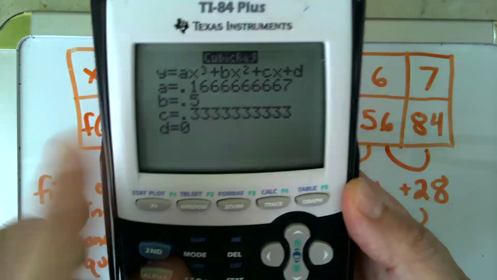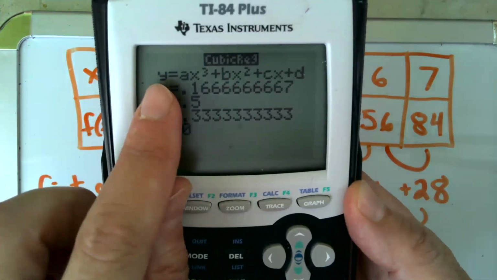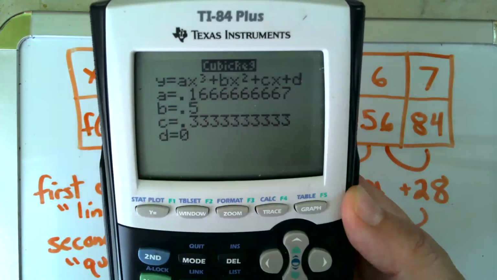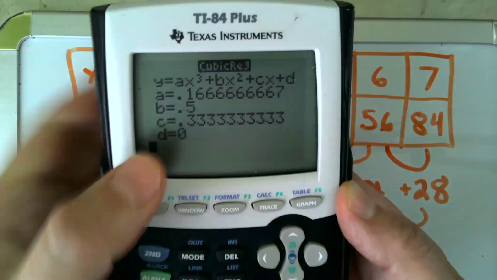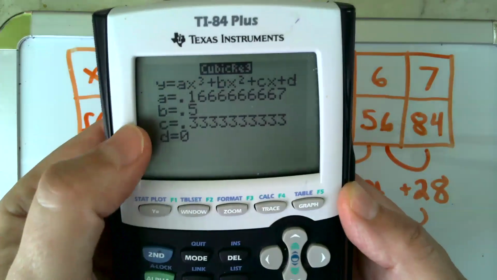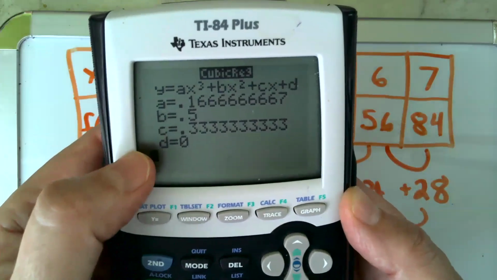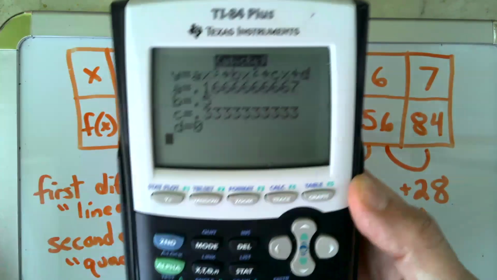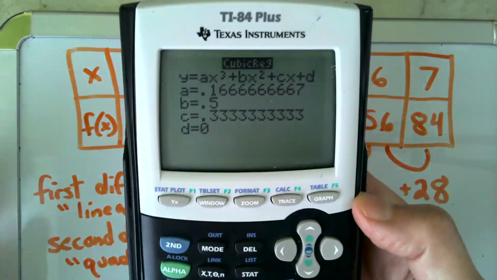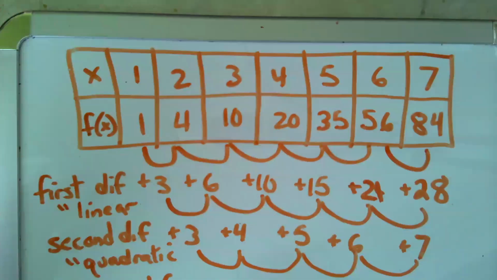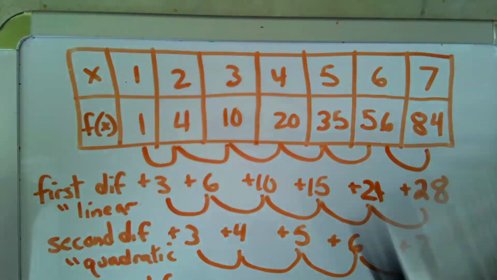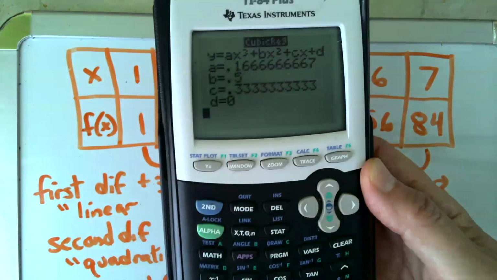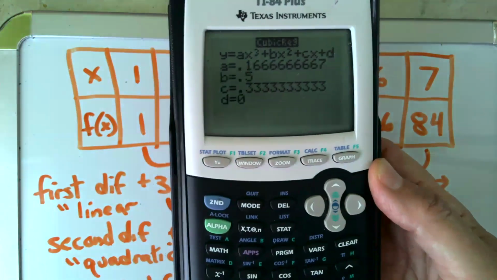And here it tells me that for a cubic in the form of y equals ax cubed plus bx squared plus cx plus d, my a value is, my b value is, my c value is, and my d value is. And that will allow me to write my cubic equation and then therefore predict what, say, f of 507 is, because I would just write this equation out and then I would put in 507 for x and find my value.